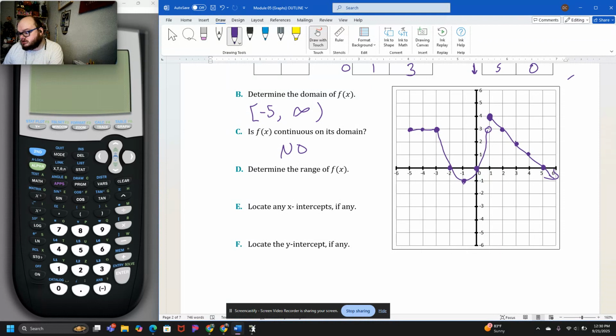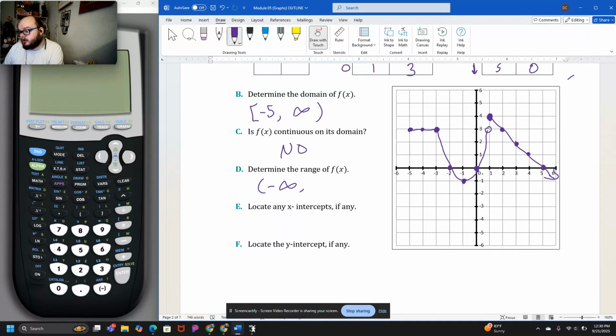Now the range would start at where? -1. Well, will it start at -1, because that might be tricky. We might say, oh, it starts at -1 because that's where the end of my parabola is. But let's remember, what did we say about the last function? That it kept going down forever, okay? So that really means that our range is going to be -infinity, okay? So we've got to make sure we're looking at all three pieces before we make a conclusion, okay?